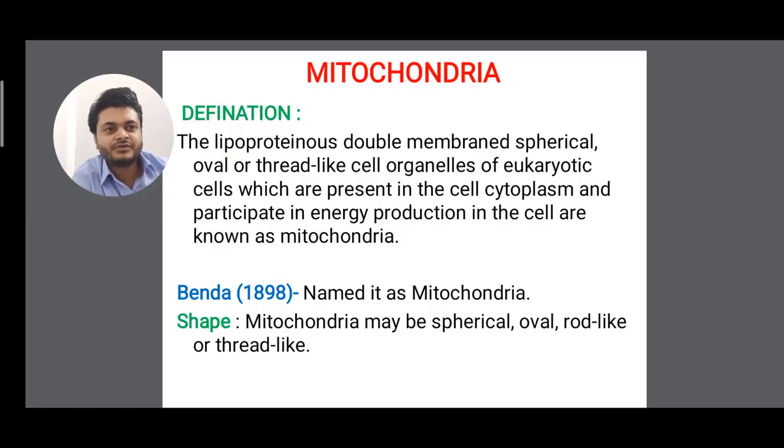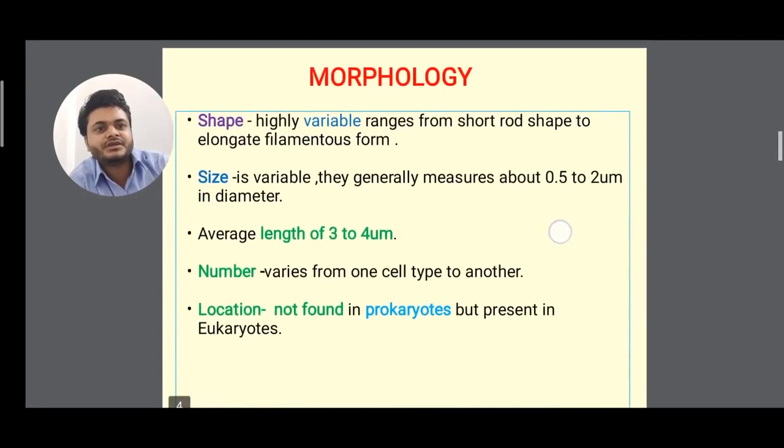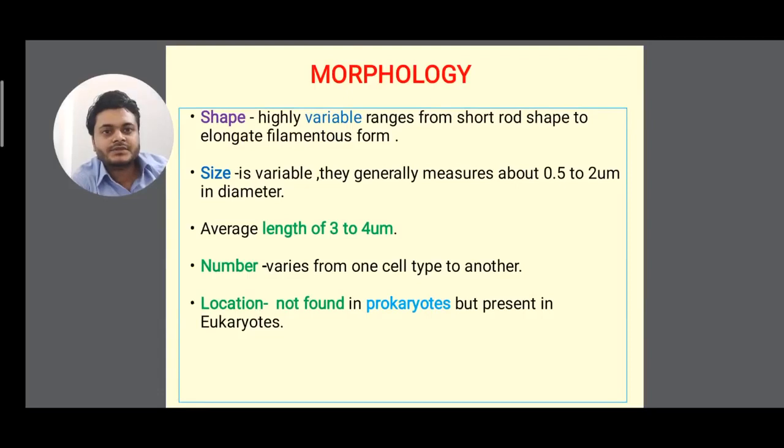Now the shape of mitochondria. Mitochondria may be spherical, oval, rod-like or thread-like in shape. It is variable in shape and ranges from short rod shape to elongated filamentous form. The size of mitochondria is also variable.